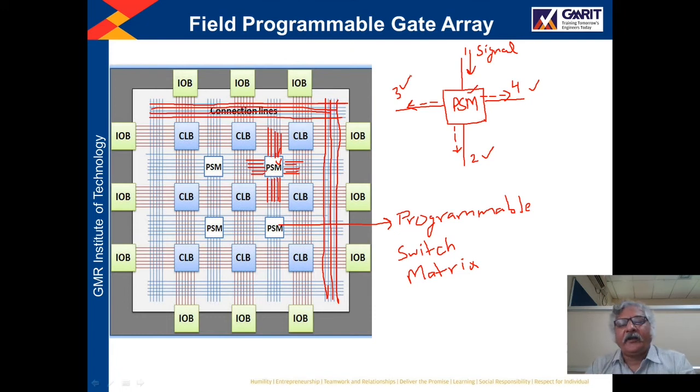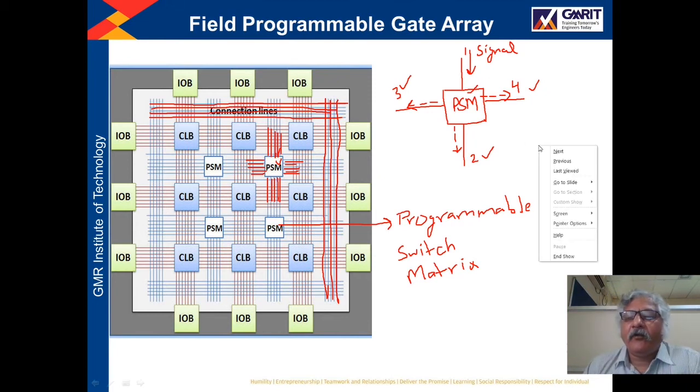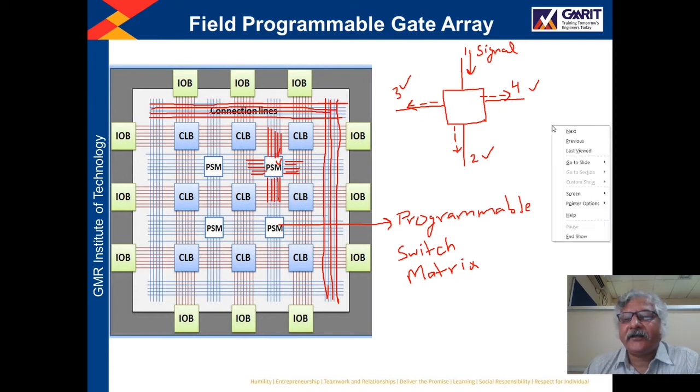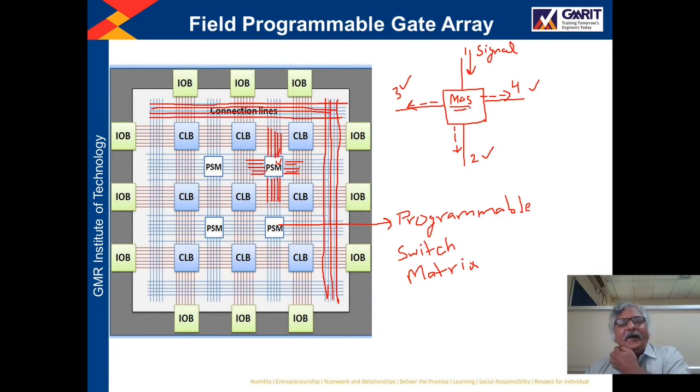This routing will be done with the help of the PSM. So for this particular routing, what is done inside this PSM? Inside this PSM there are MOSFETs. MOSFETs are there for the routing purpose.